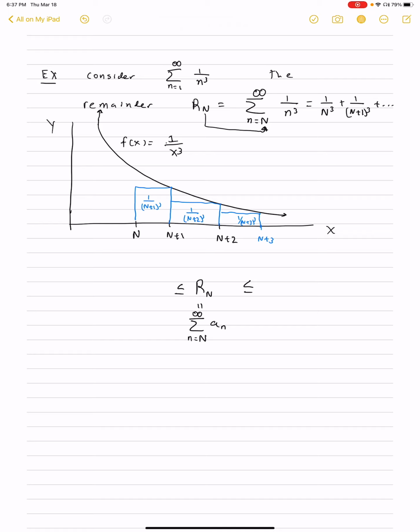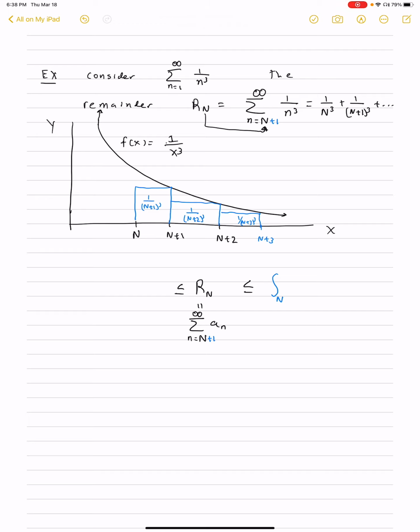We should notice, hey, that this integral is an overestimate. What these right endpoints in these blue boxes are telling me is that this integral from n to infinity, and by the way, I need to modify this just slightly, r sub n, the starting index, is going to be at capital N plus 1.